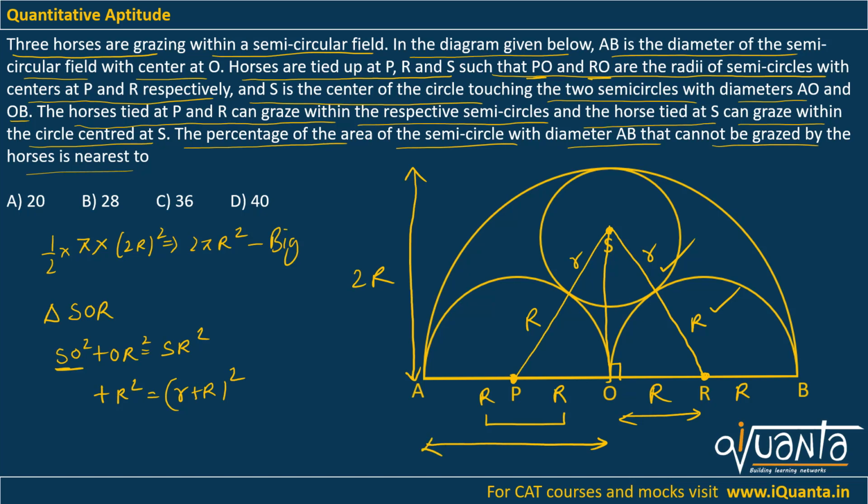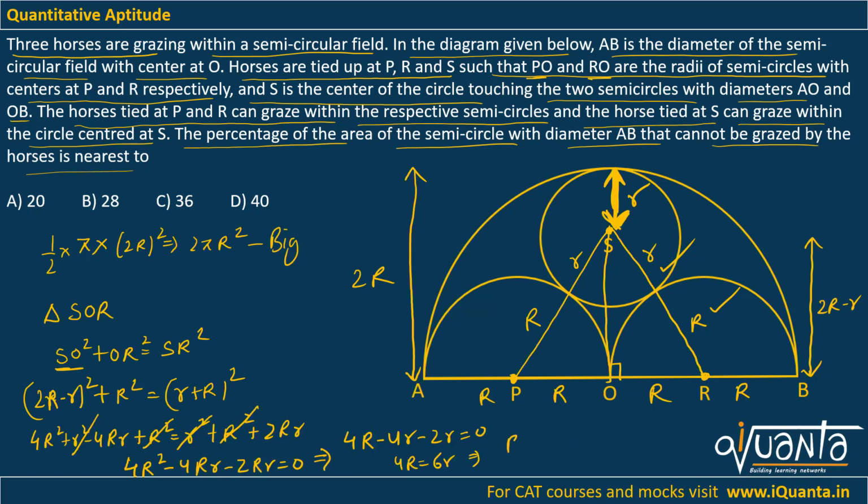So from 2r, if I deduct this height, that means this small r, then I will get this much length, that means SO as 2r minus r. So I can write (2r minus r) whole square over here. So now we can solve this and find out the relation between small and capital R. R equals 3r by 2, okay. This is the relation between capital and small r.